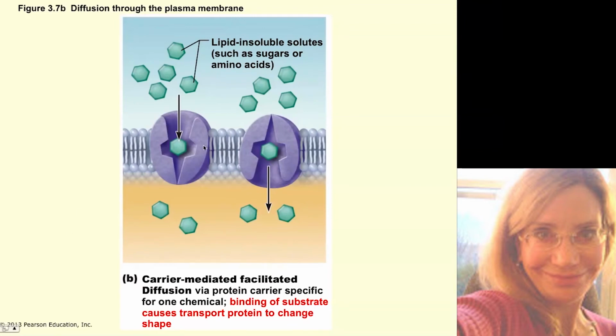Figure 3.7b shows this carrier-mediated facilitated diffusion. You can see here the substance is in greater concentration on this side of the membrane than down here, so it will go passively, but it needs to be carried through some type of a carrier, because it's lipid insoluble, things like sugars or amino acids.